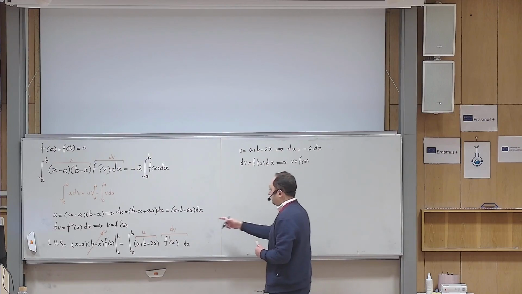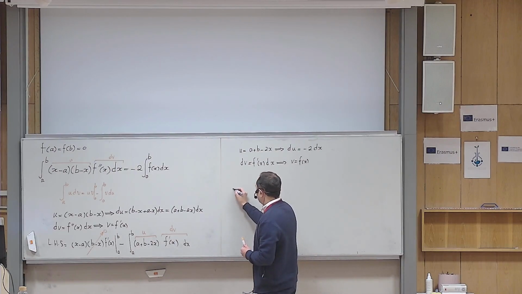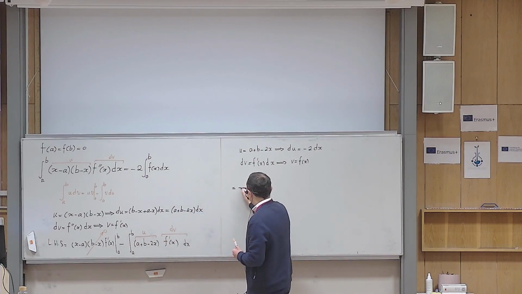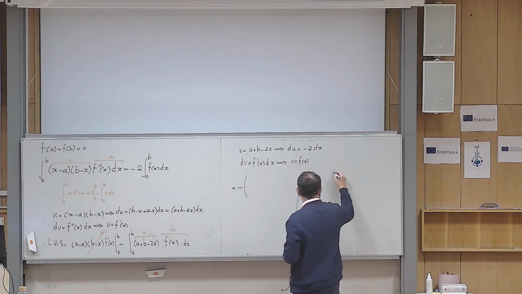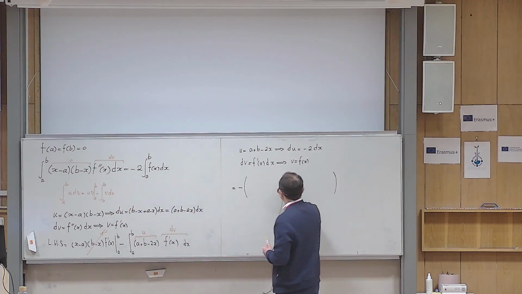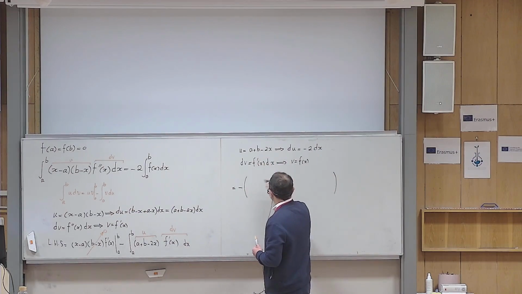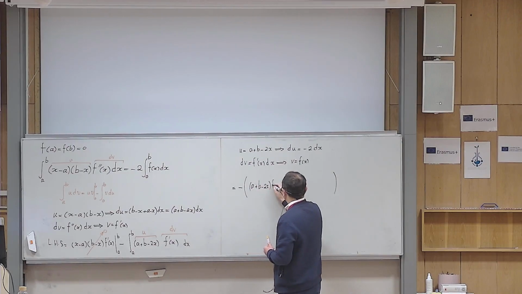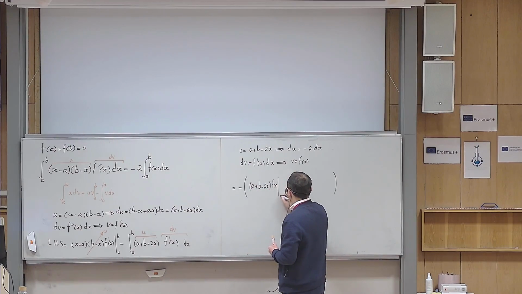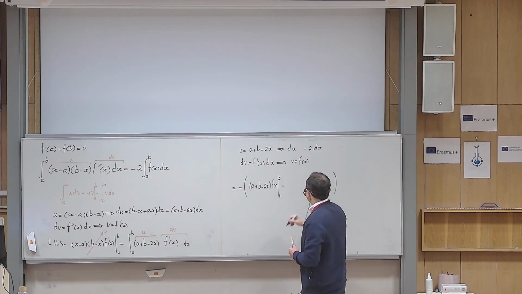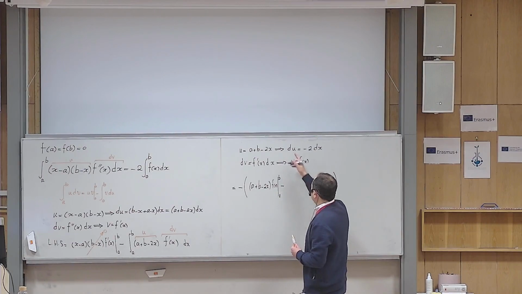Yes? And then if I want to continue, so let me continue here. So the left-hand side is minus this integral. So I have a minus sign. I open a pair of brackets, and I use this formula once more. So u times v is (a plus b minus 2x) multiplied by v, but I have to run it from the lower limit a to the upper limit b, minus the integral of v du.